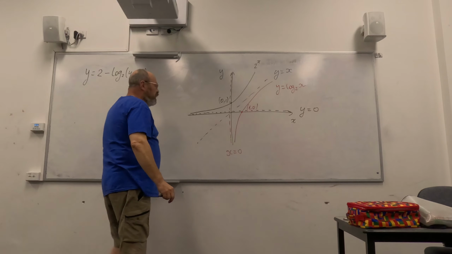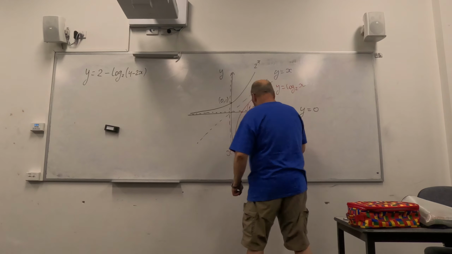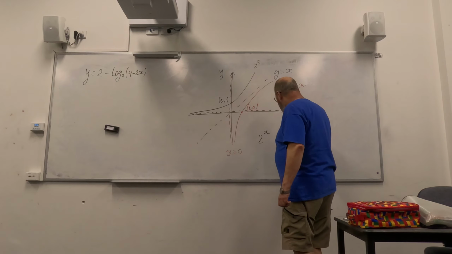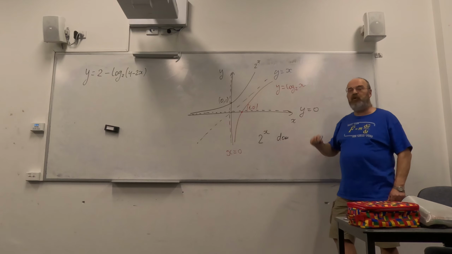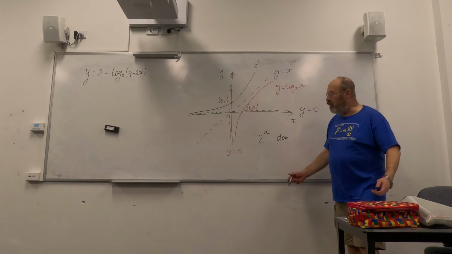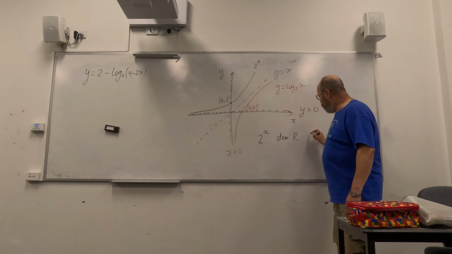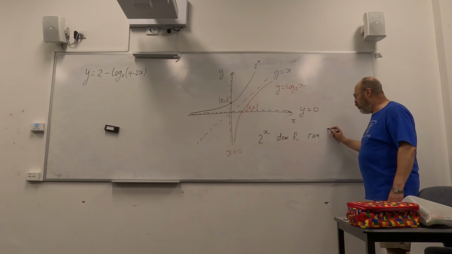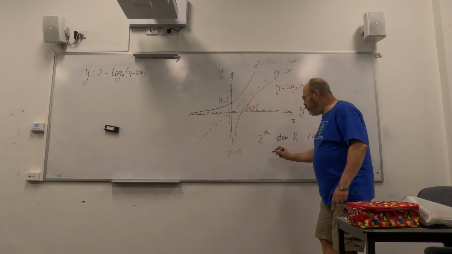But before doing that, if we have the exponential function 2 to the power of x, what is the domain? All real numbers. Range was from 0 to infinity, real positive. With a log.